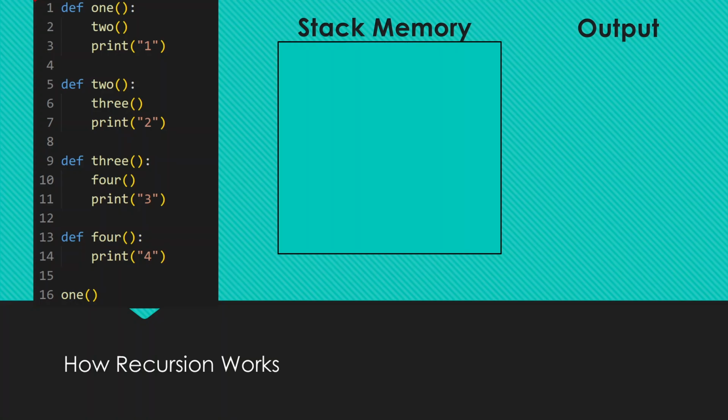I want you to understand that yes, recursion is when a function is calling itself, but here we are going to have a function calling another function, which in turn is going to call another function, which is going to print something, number 4.